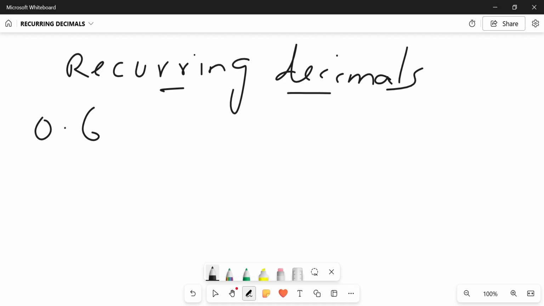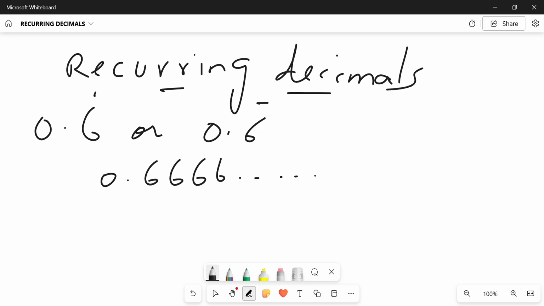In this question, the dot is above the 6 here, or you can write 0.6 with a bar on it. It means 0.6666 and keep repeating and so on. So this is called recurring.